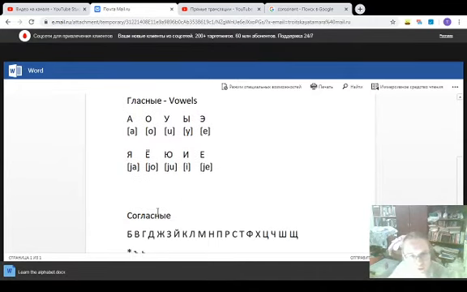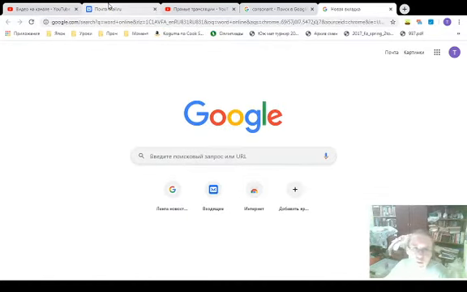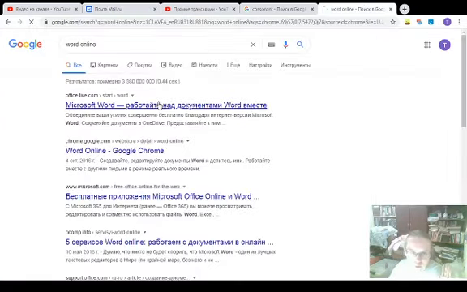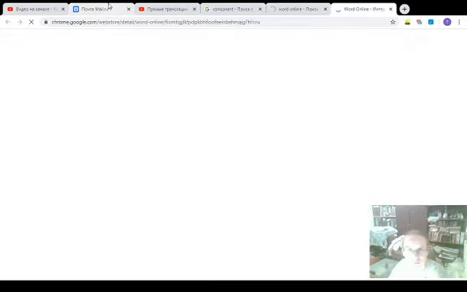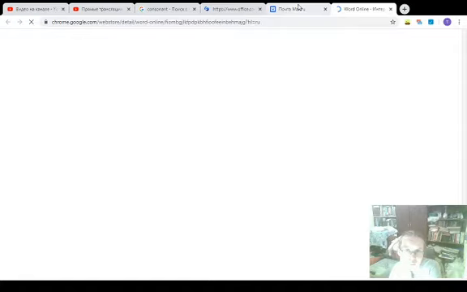It means that when we want to write, for example, this is letter B, and it sounds like B. When we write B and after that we write A, we get ba.